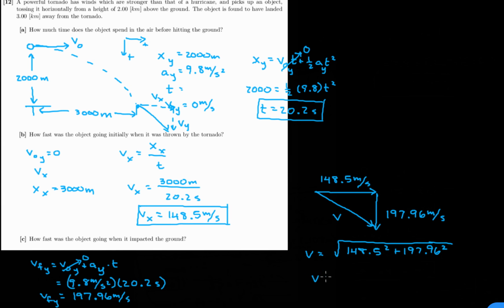So v is equal to 247.47 meters per second.